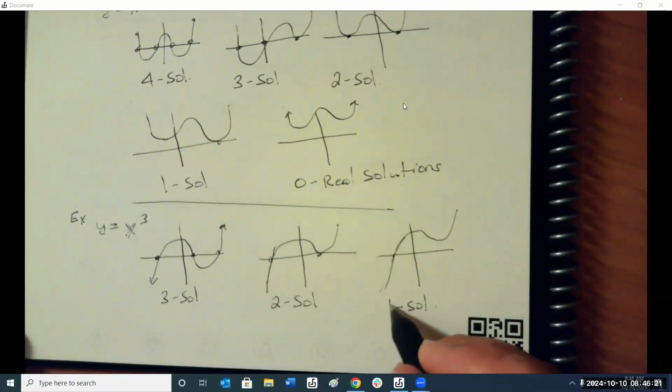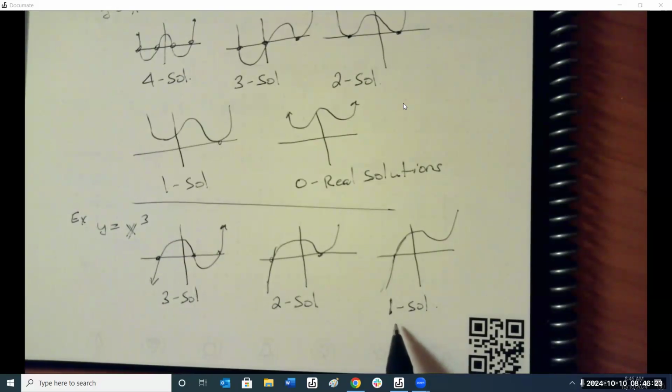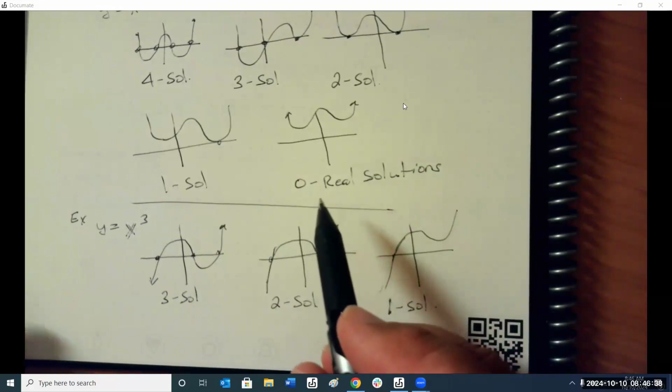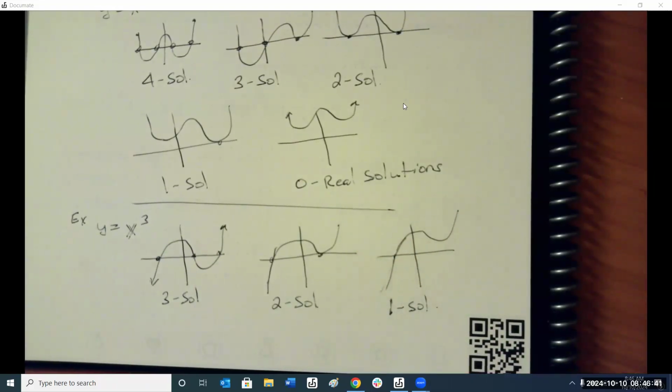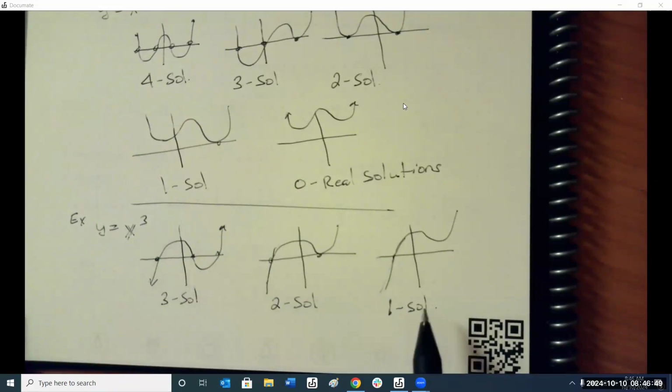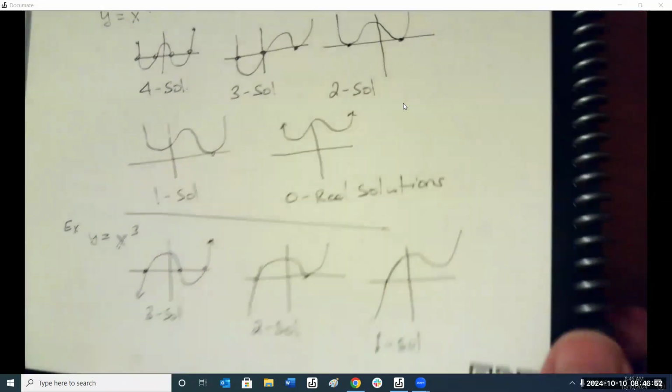So you have to have at least 1 solution and at most n solutions. So even degrees, you can have n solutions, or you can have 0 real solutions. With odd degrees, you have to have at least 1.